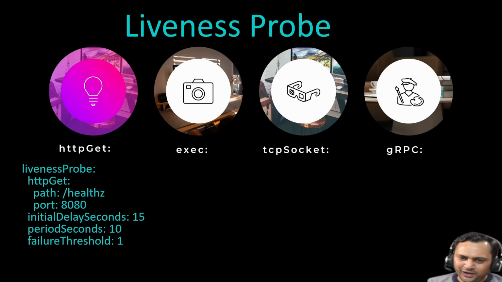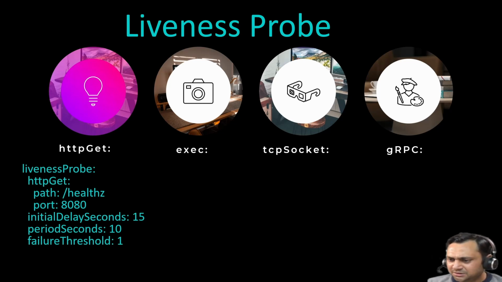If you want to wait before executing a liveness probe, you should use initial delay seconds or a startup probe. The second one is period seconds. It means a regular interval after the application startup. So here it will check every 10 seconds. And initial delay seconds means it will wait for 15 seconds once my container is up.